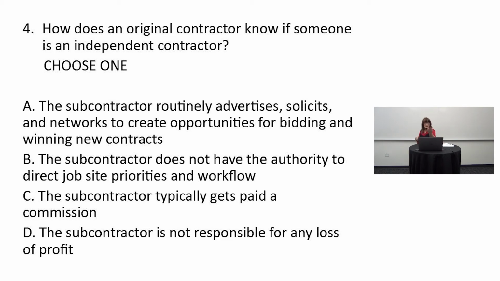The subcontractor routinely advertises, solicits, sells, tries to get sales, and networks to create opportunities for bidding and winning new contracts. There are about 15 of these qualifying questions that you can ask about subcontractors that will be given to you by the IRS if you ask for them. Also, they're very likely to be on the CCB site.